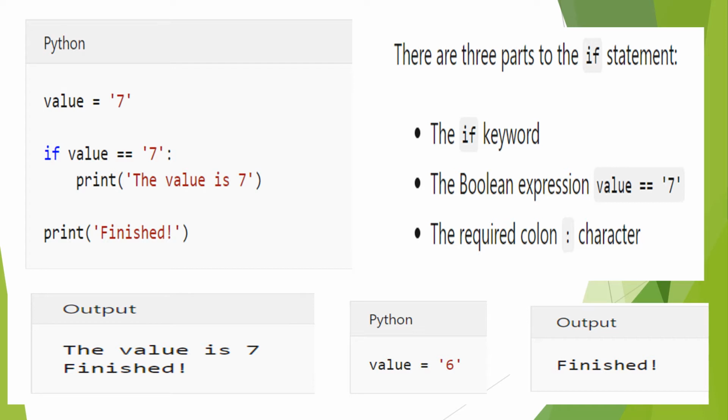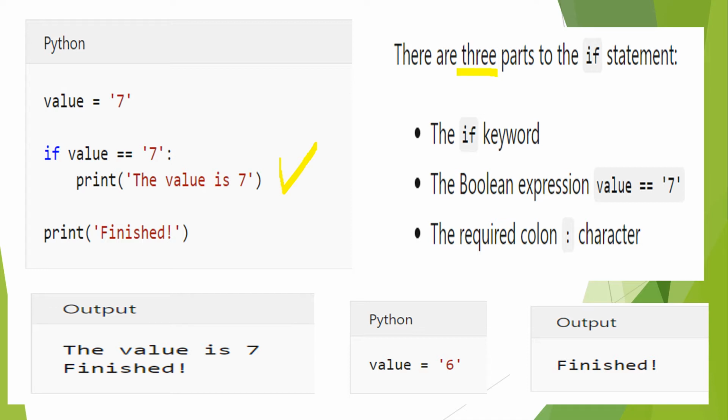Let's start with a simple example of an if statement. Look at your screen here. Here we have value equals 7. If value equals 7, print the value is 7. Otherwise, print finished. There are three parts to the if statement.